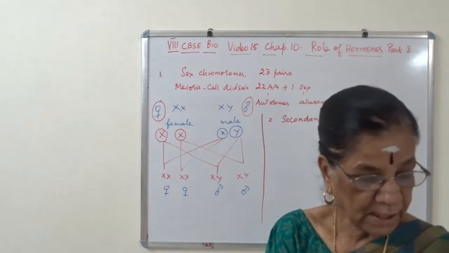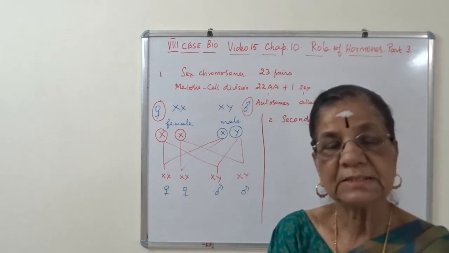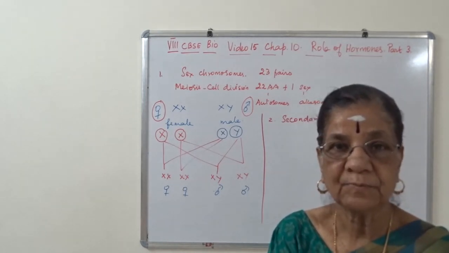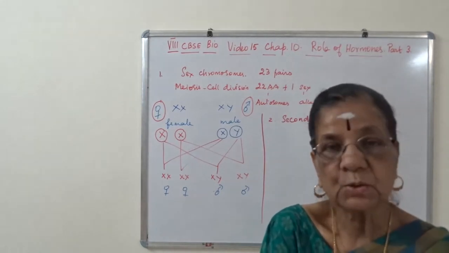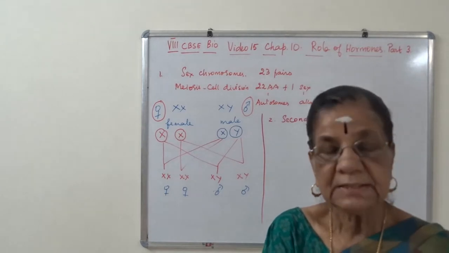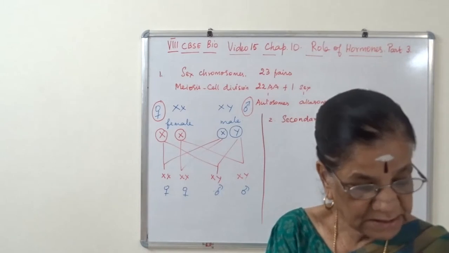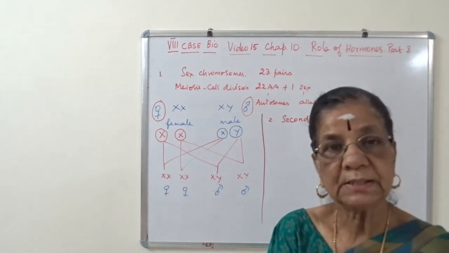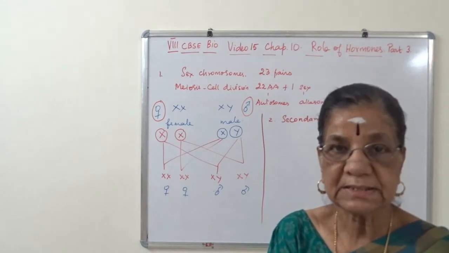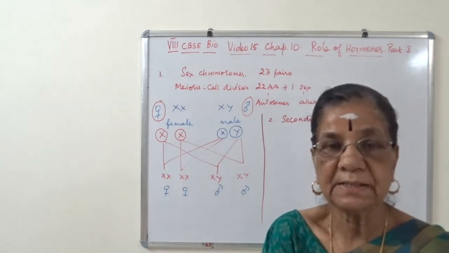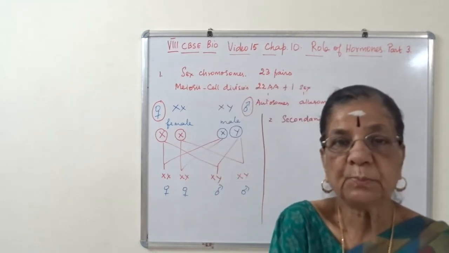So the male hormone testosterone is responsible for the changes that occur in boys. Testosterone causes growth and development of male sex organs, that is testes and other accessory parts of the reproductive system, which develop fully during puberty.